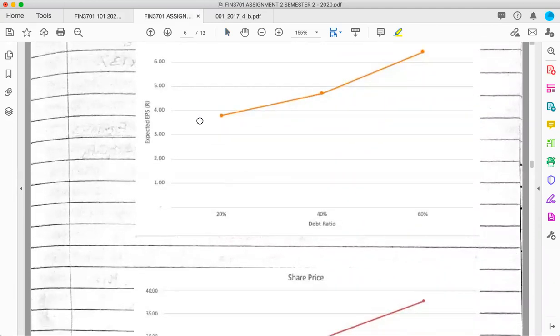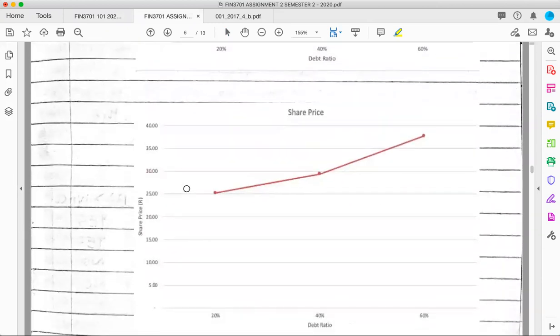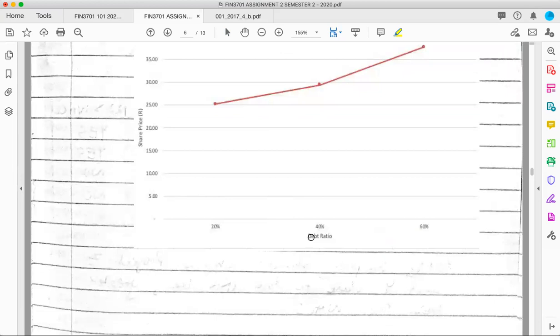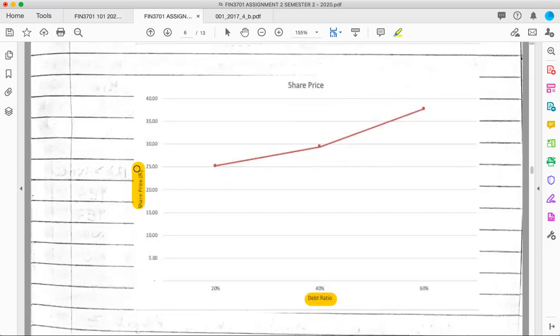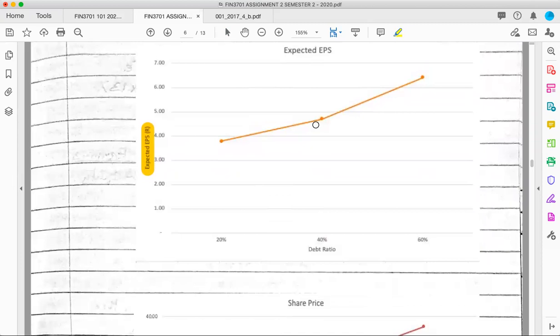So in this case, for part 1.3, we have to draw a graph showing the debt ratio against each of the expected EPS values. And then also we need to draw a graph showing the debt ratio against each of the share prices. So what I did, I used Excel to draw the graphs, but in the exam, obviously, you might not have Excel.